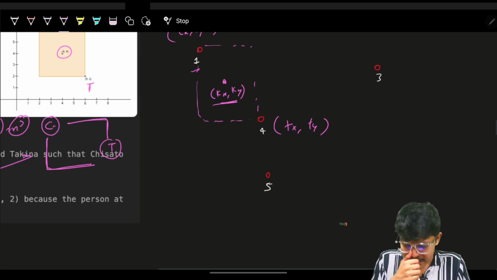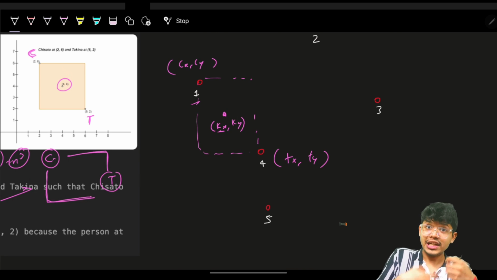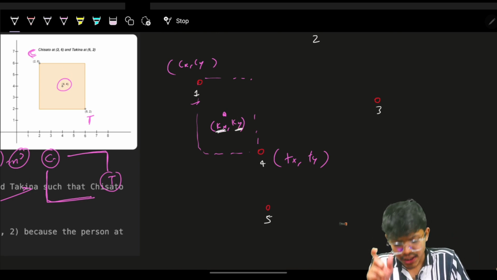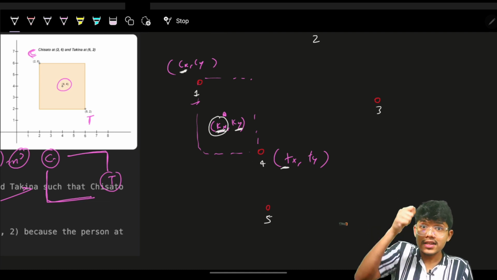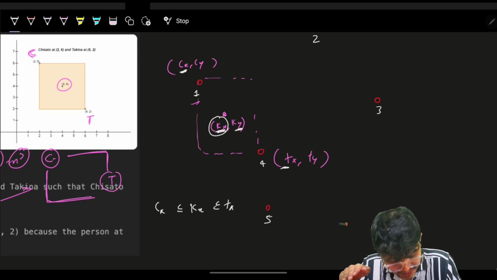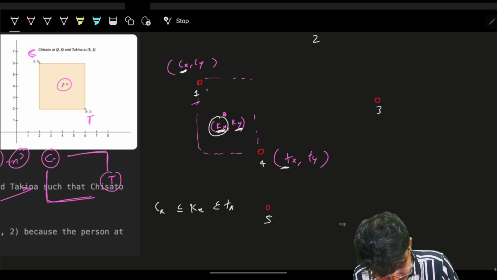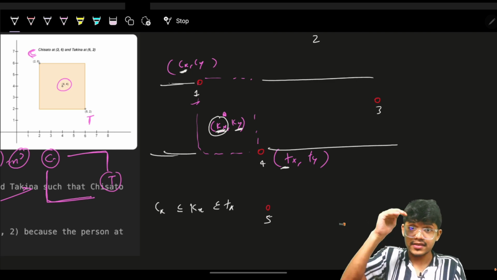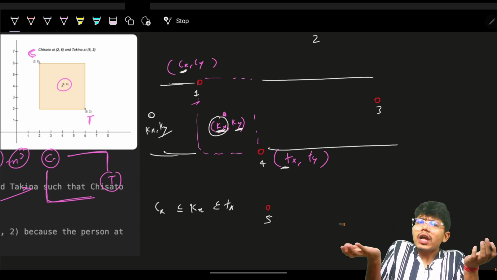How to verify that? Simply bifurcate your x and y into conditions. Make sure that your x is between your cx and tx, which means it is in the bounds. So if your kx is between cx and tx, then your kx is inside this range. But if your kx comma ky were outside, then it would not have mattered, right?